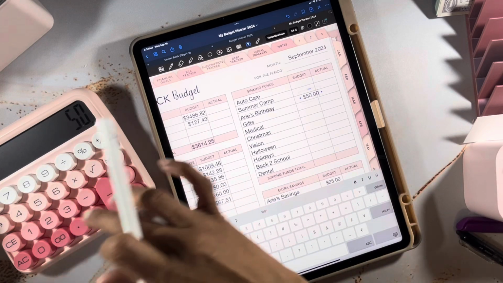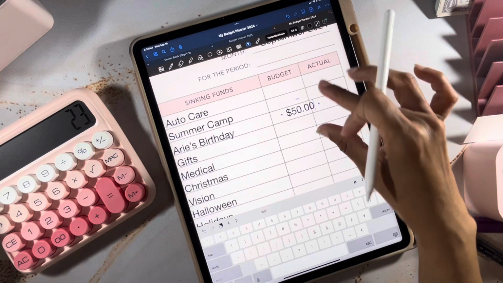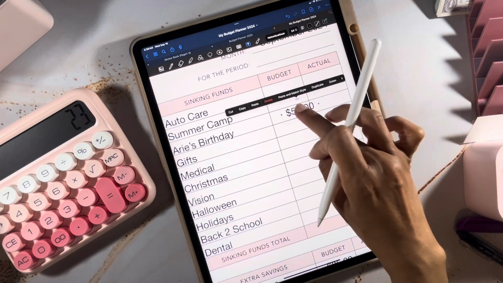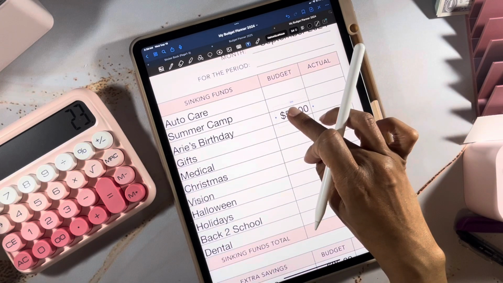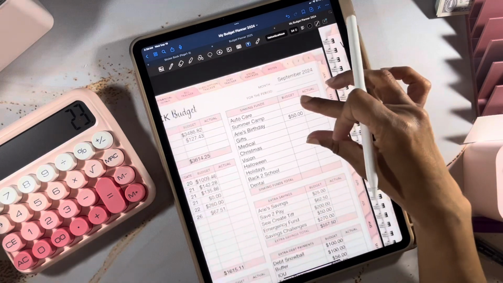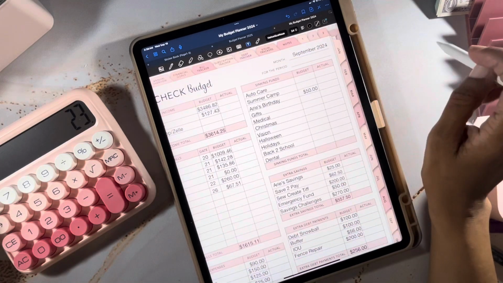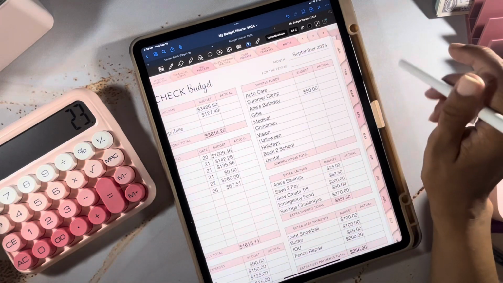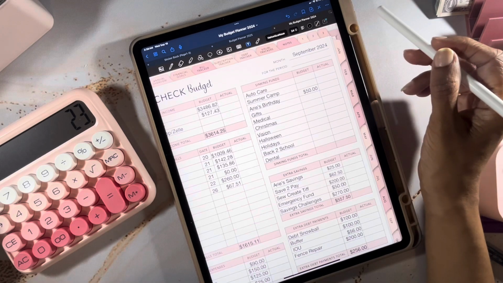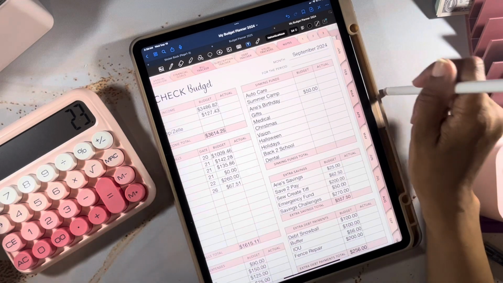So that's minus 50. And then, so that leaves me $23. And what am I going to do? Where am I going to put that $23? 23.